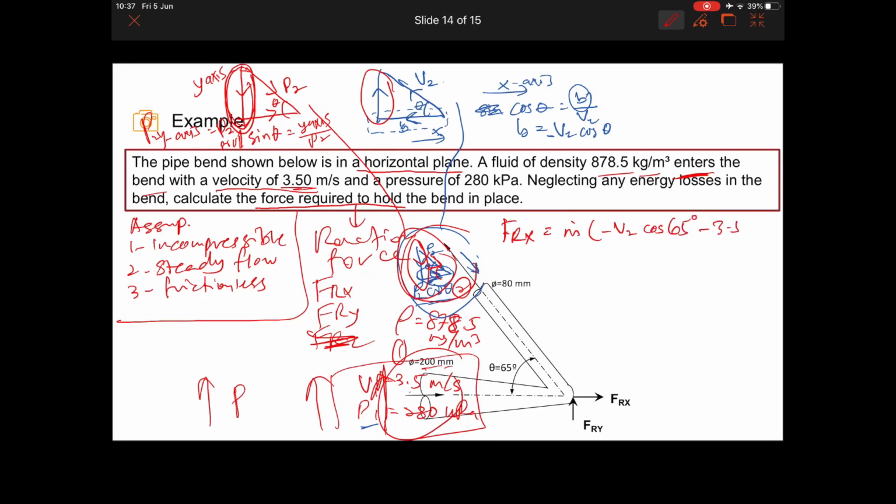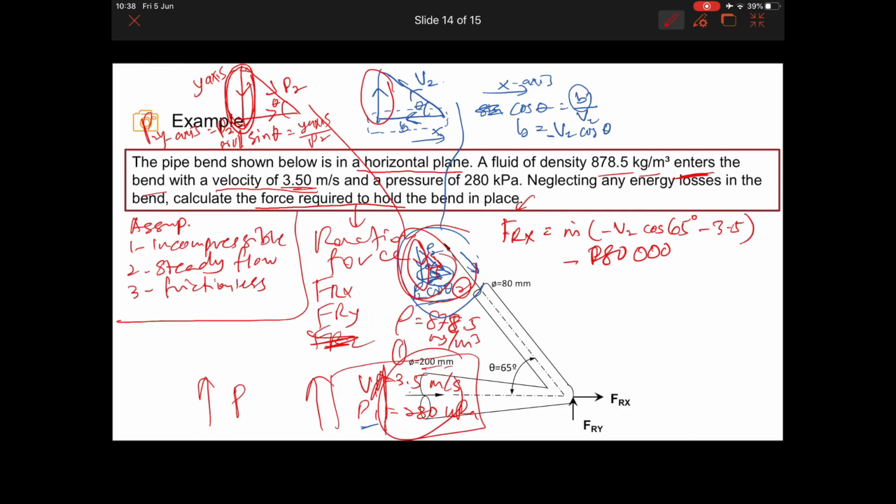V1 is 3.5. Minus, because you move the P to the other side. P1 is what? P1 is 280. Remember, 280 kilopascal is not in the original unit, so change it to become 280,000 pascal. Always do that, otherwise you will get a result that doesn't make sense.